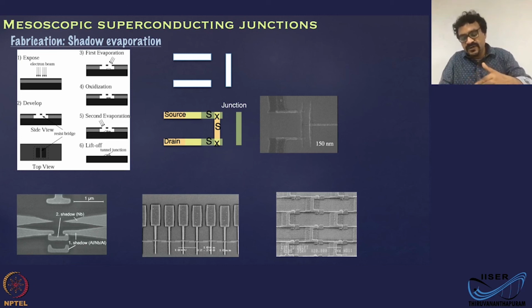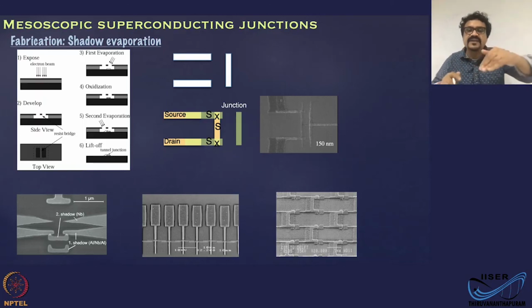Now what you will do next is you would admit some oxygen or a mixture of oxygen and some other inert gas into this chamber, which will quickly oxidize the material that you have deposited. The first material is almost always aluminum, which is a superconductor, and when you admit oxygen inside the chamber, you will form a thin layer of aluminum oxide.